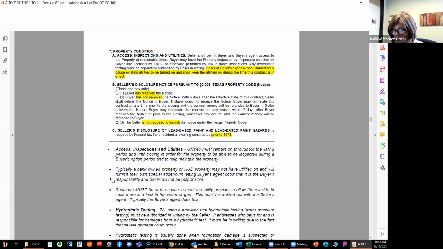Typically, a bank-owned property or HUD property may not have utilities on. And what you'll have to do if you're selling one of those properties, you may have to get the water department or the gas or electricity company to turn it on temporarily for a day so that they can do their inspections.